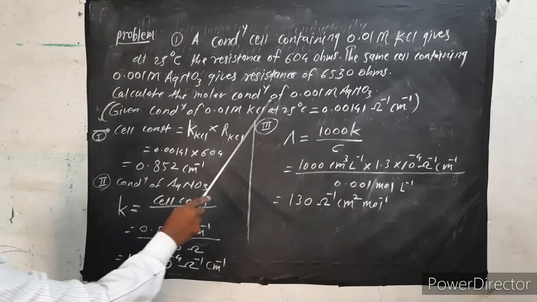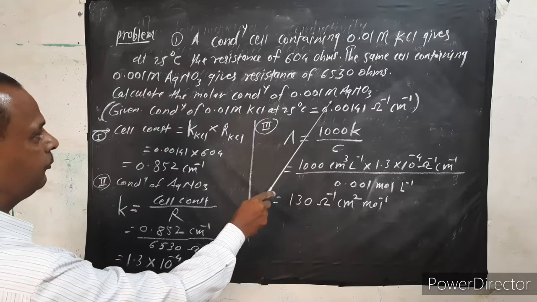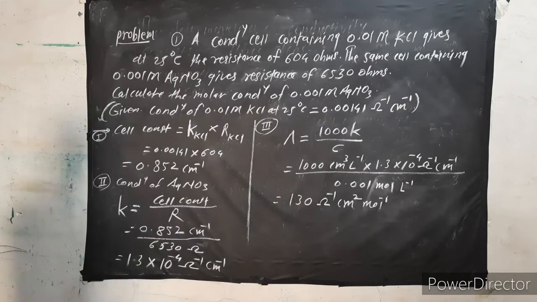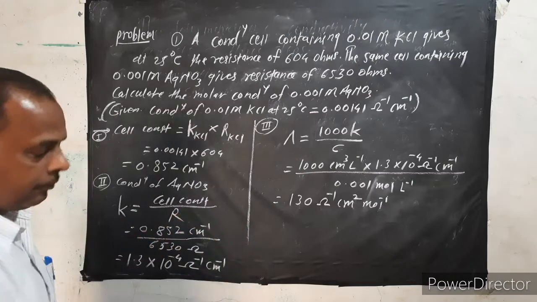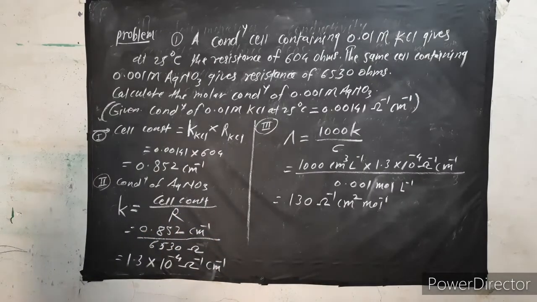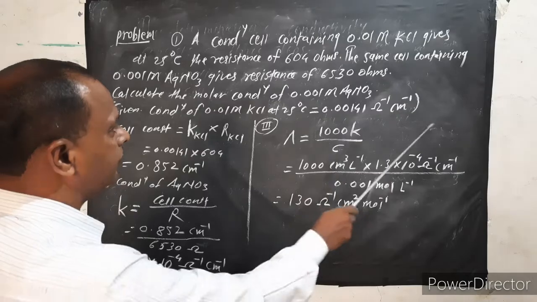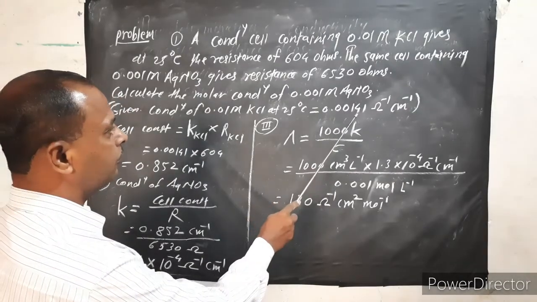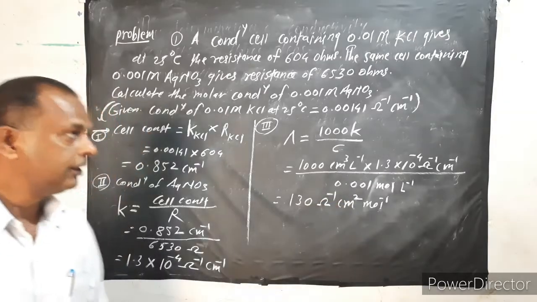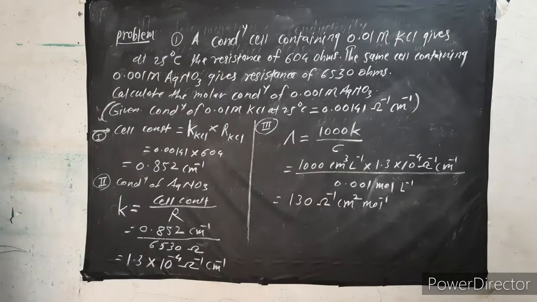Calculate the molar conductivity of 0.001 molar AgNO3. For solving this problem, they have given the conductivity of 0.01 molar potassium chloride at 25 degrees Celsius, equal to 0.00141 ohm inverse centimeter inverse.